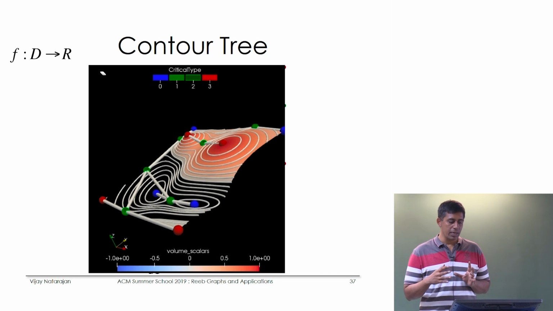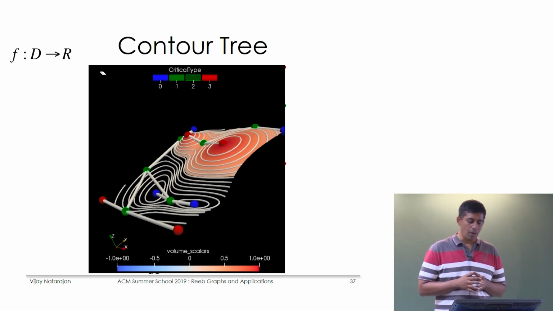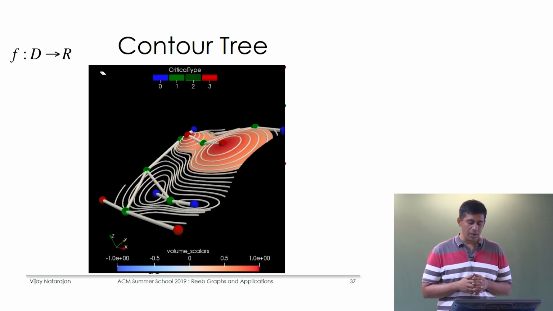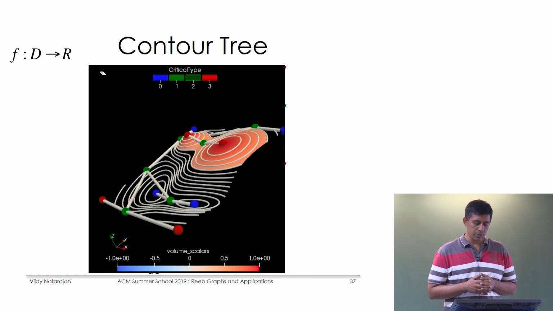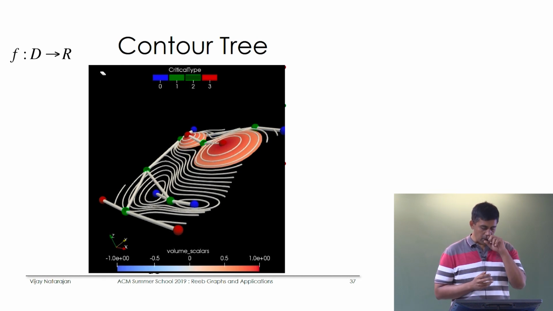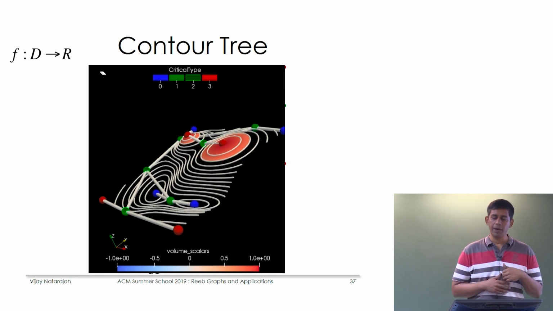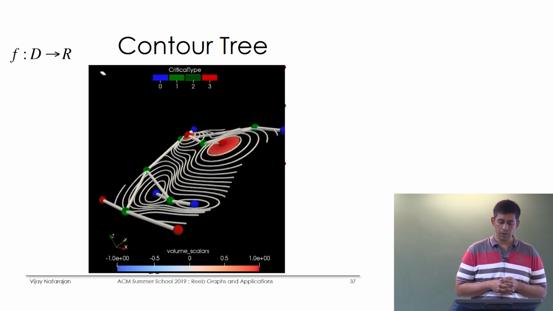You will notice that the number of components is changing. Now there is one component, and this component splits into two, and each component will die at a maximum.